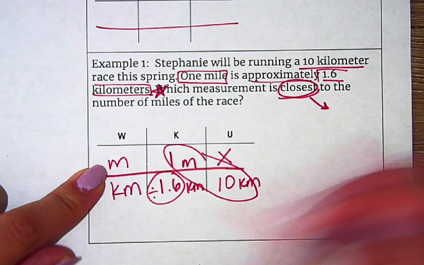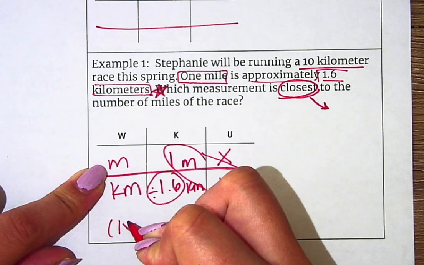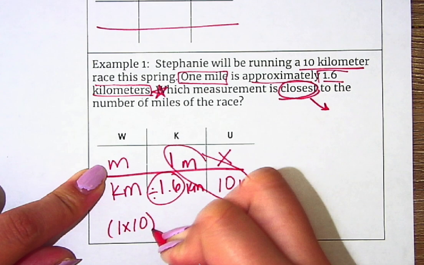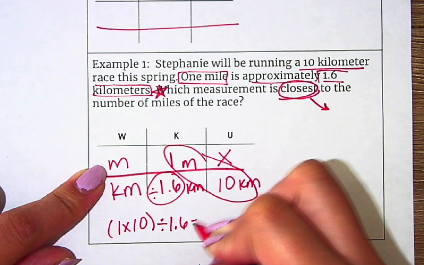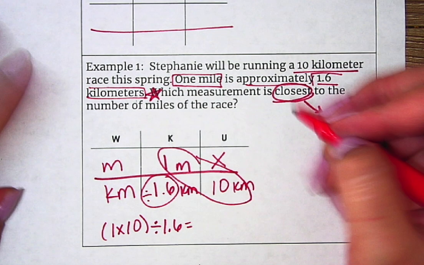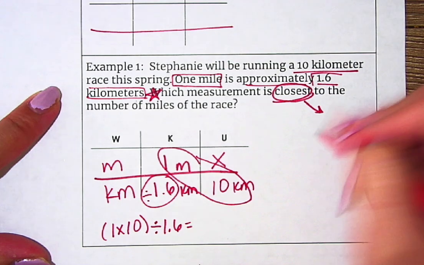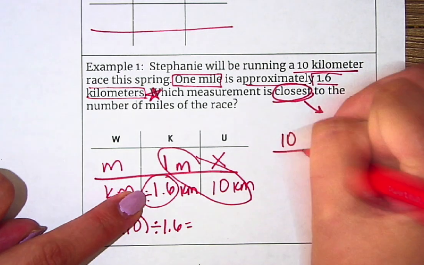For my Desmos people, you're going to put this in the calculator just like this, 1 times 10, then divided by 1.6, and you're going to get your answer. For my non-Desmos people, you're just going to have to multiply. 1 times 10 is 10, and then you're going to divide by 1.6.